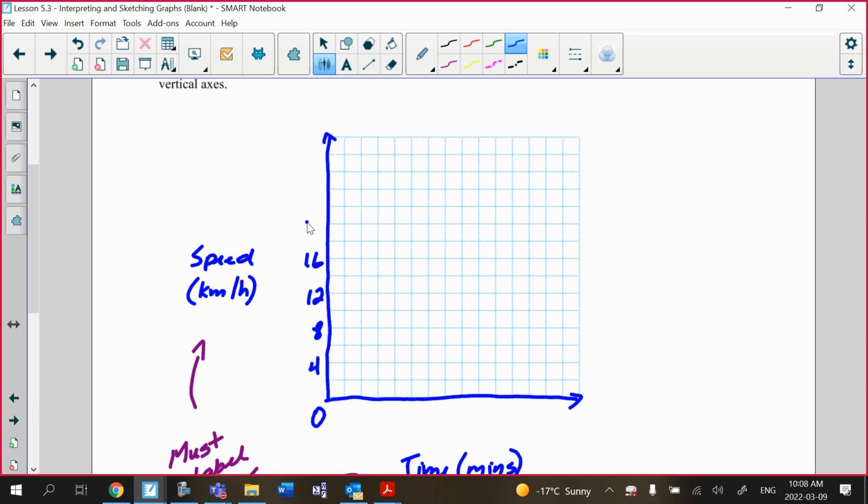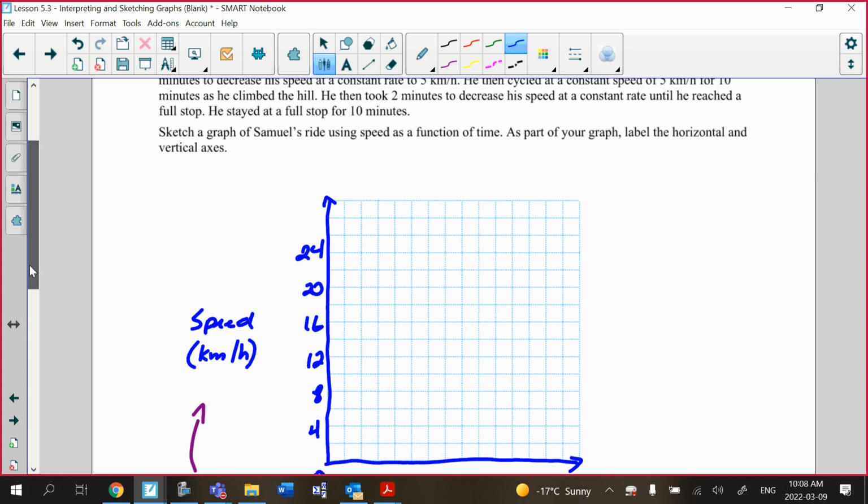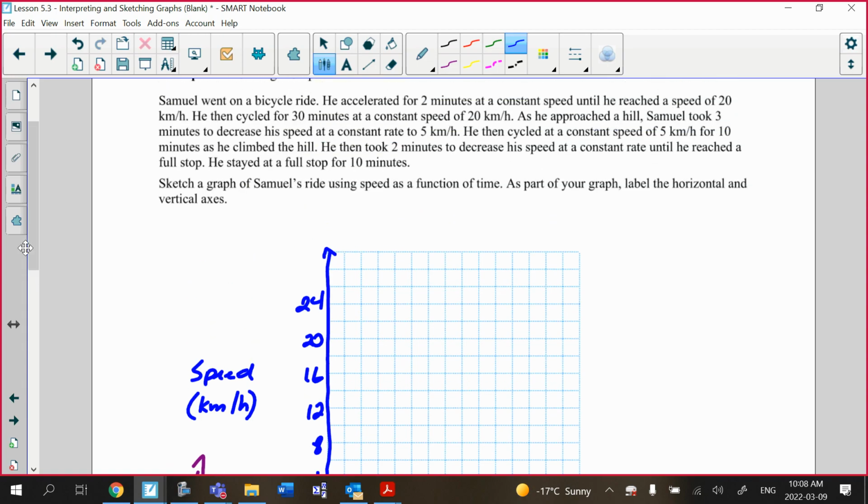Now we've got to figure out the minutes. How are we going to figure out how to scale the minutes? Well, we've got to figure out the whole length of the bike ride, because that will be the biggest number. So he starts at 2, then he goes for another 30 minutes, so that's 32 minutes.